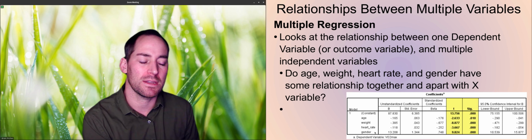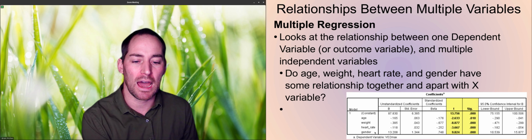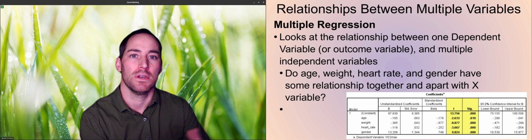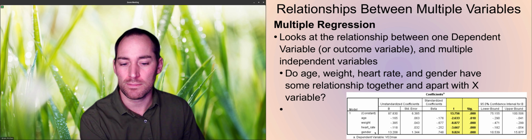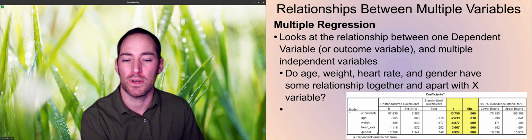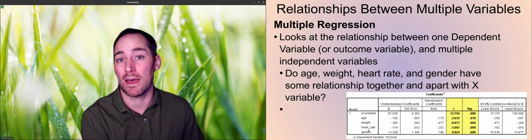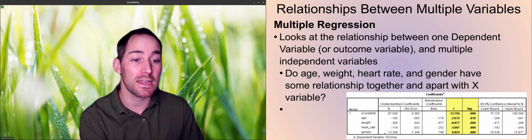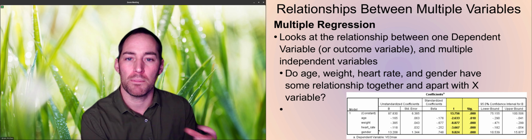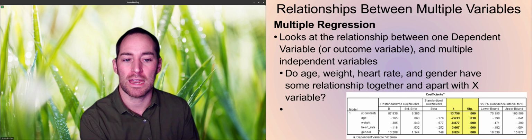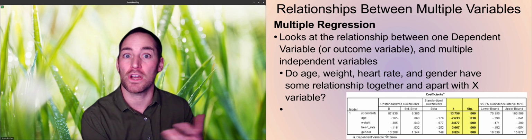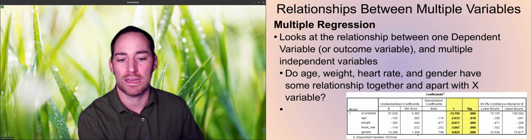With this, biological sex would probably be more relevant here than gender, but you could include a variable like that. So a demographic variable. You could include something like socioeconomic status. So you could look at multiple variables and how they are related to the variable you're interested in, like how much oxygen your lungs are taking in.